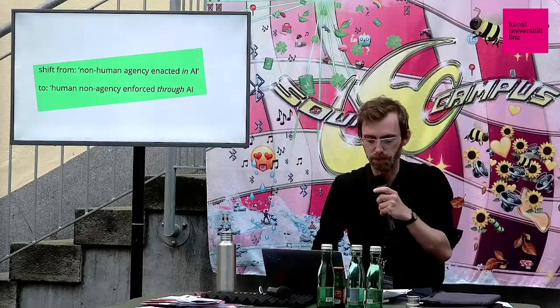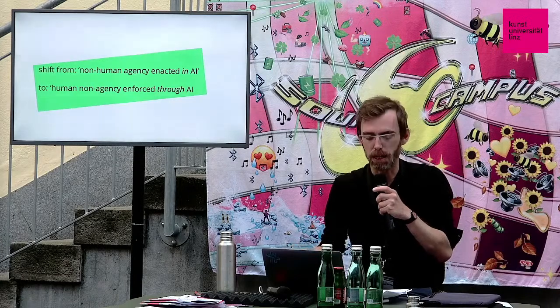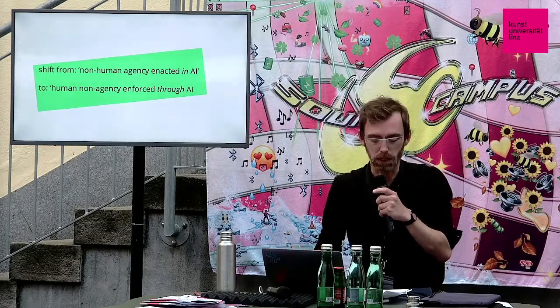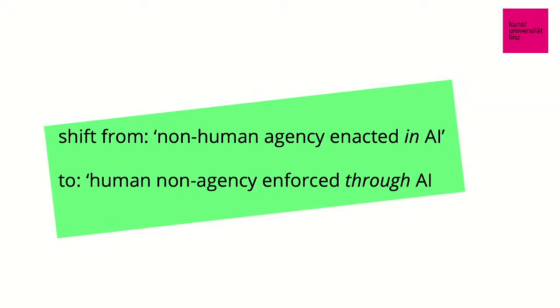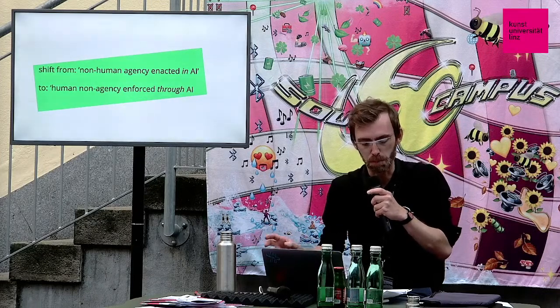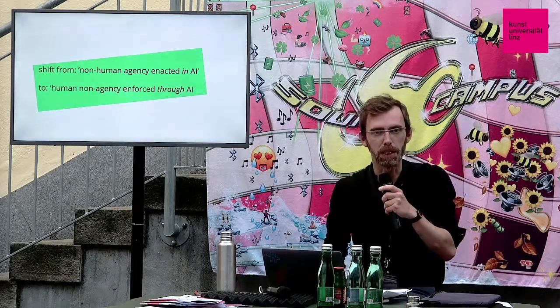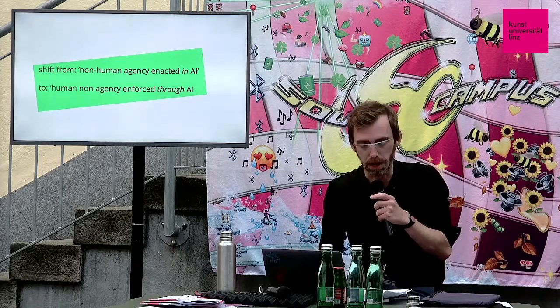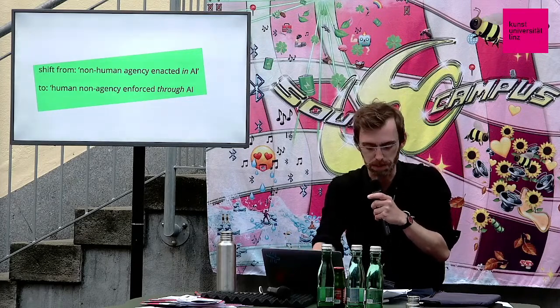So in my view, what this indicates is that in the context of algorithmic adjudication, we're witnessing a shift away from enacting new kinds of non-human agency in AI, and very often, of course, that's the promise of creative AI or of AI art. And instead, we see a move towards enforcing human non-agency through AI, through tools such as Content ID.